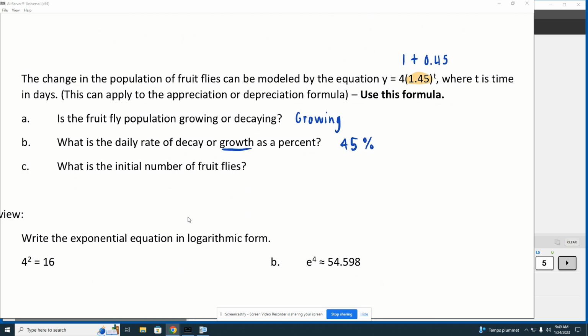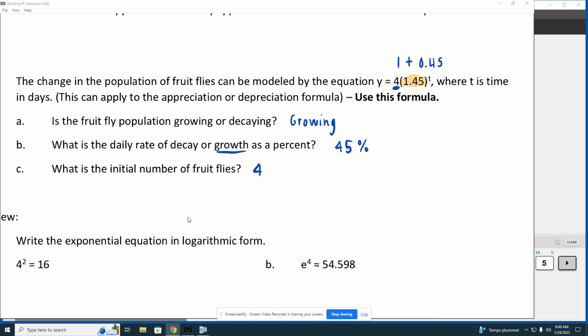And then the last question I think probably all y'all understood pretty well. What was that initial value? 4. Remember P out front? That's your initial value. So your initial amount of fruit flies was 4. So that's how we know. If that value that's your base is over 1, it's growth. If it's under 1, it's decay. Okay?